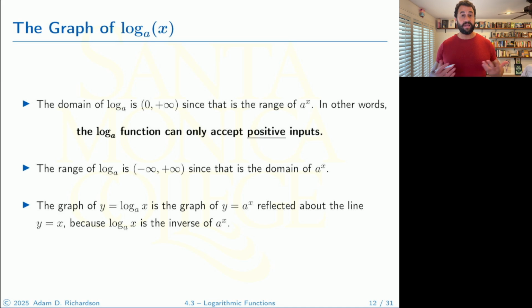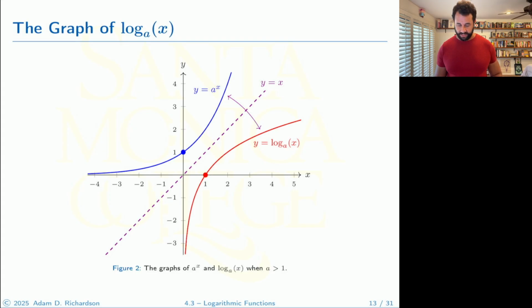Because logs are inverses of exponentials, the graph reflects around the line y equals x, as we're going to see right now. So if this is the exponential function right here, a to the x, then its inverse is log base a of x, which looks like that. And it's just being reflected around that line y equals x.